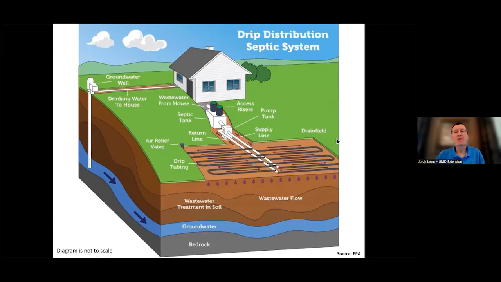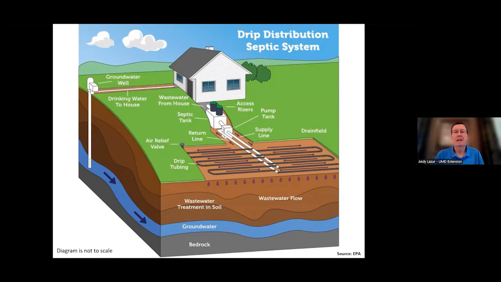Then a similar system with access risers could be a BAT unit, it typically is an advanced treatment unit. And then you have this shallow drip tubing, specialized drip tubing. And so this is a very shallow system, 6 to 12 inches. Whereas say a conventional drain system with gravel trenches could be several feet deep. Okay.